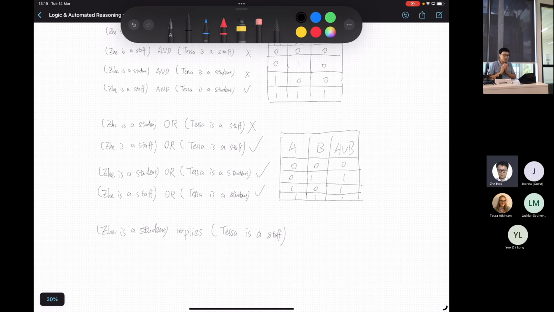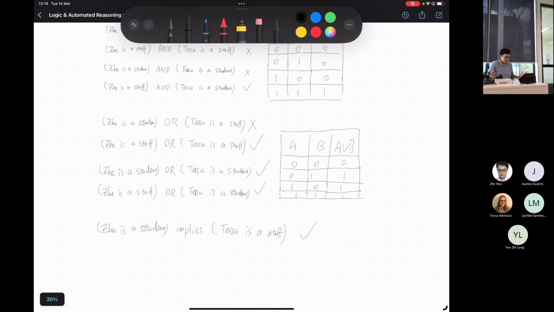Now, you can think of implication as a statement: if the left-hand side is true, then the right-hand side must be true. But if the left-hand side is false, then the right-hand side can be anything, and now the left-hand side is indeed false. So the implication is called vacuously true. So that implication is true.